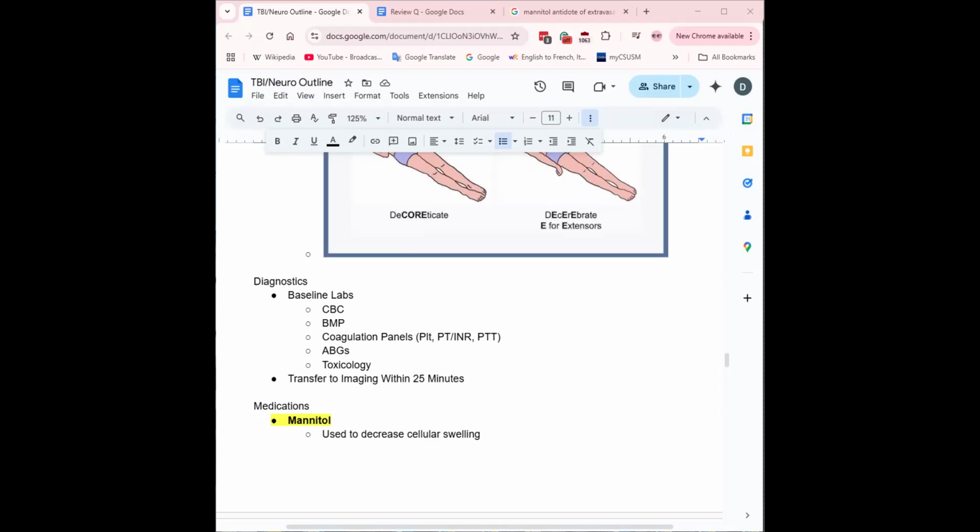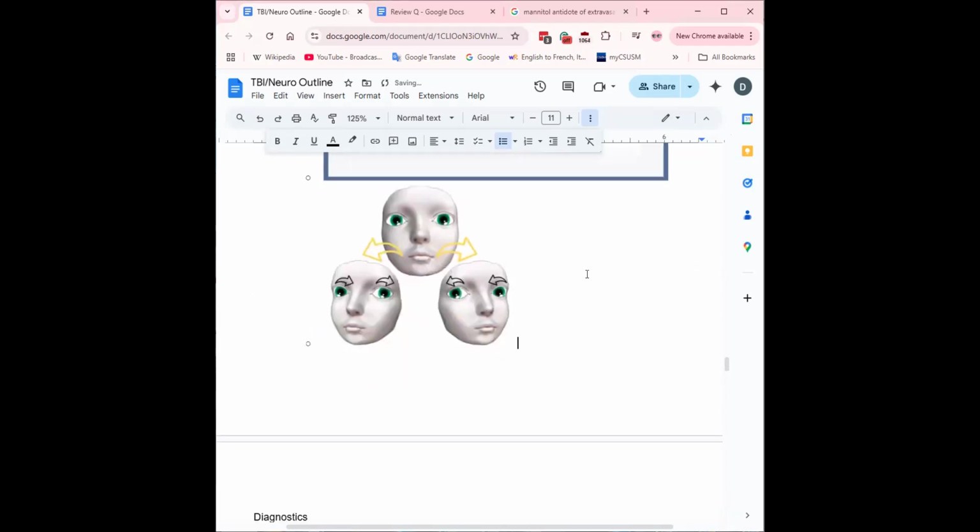There's the doll's eyes thing, but it didn't really come up. Maybe for the UWorld. The main idea of doll's eyes is it's a normal reflex. So this is what normal is. If someone's unconscious and they have their eyes open, and you move their head to the left, their eyes should automatically stay looking at you, like forward.